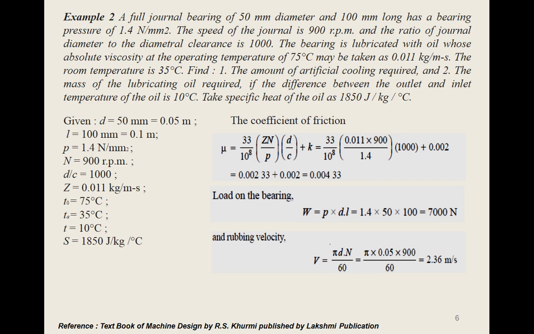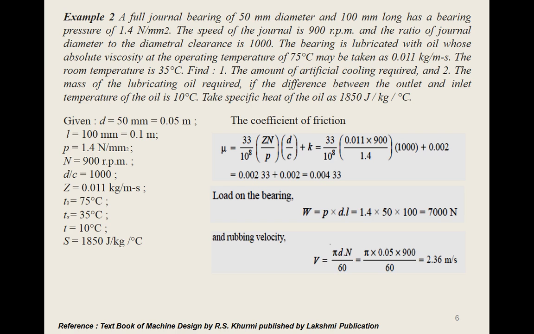So the problem is not concerned with the design. We have to calculate two values. First is the amount of artificial cooling, and second is the mass of the lubricating oil. All the required data is already given: length, diameter, D upon C ratio, pressure, and RPM.